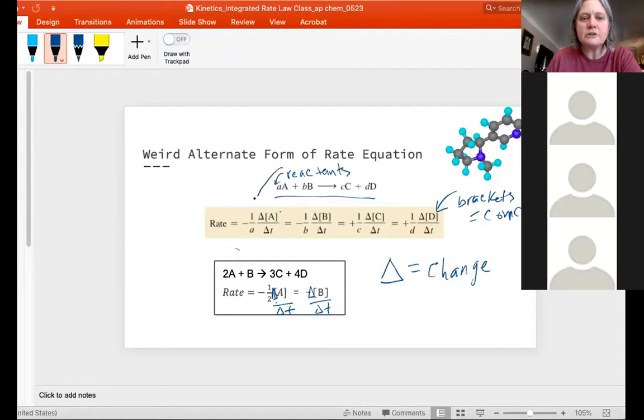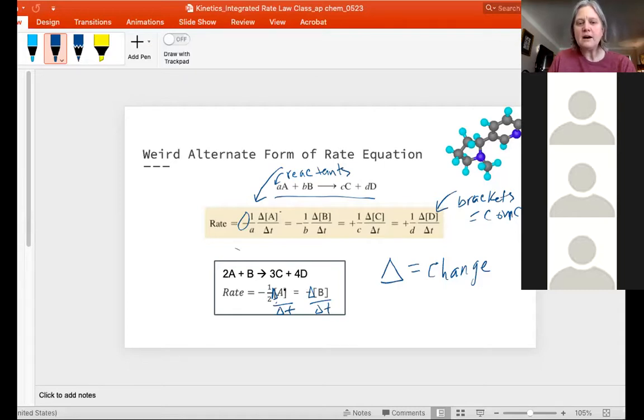So those are going to be negative because they're disappearing. It's really important you think of the rate as going to be negative when the reactants are disappearing, and the products are appearing. So the change in products is going to be positive, the change in reactants is going to be negative. So, and this -1/2, and then this would just be 1, -1.